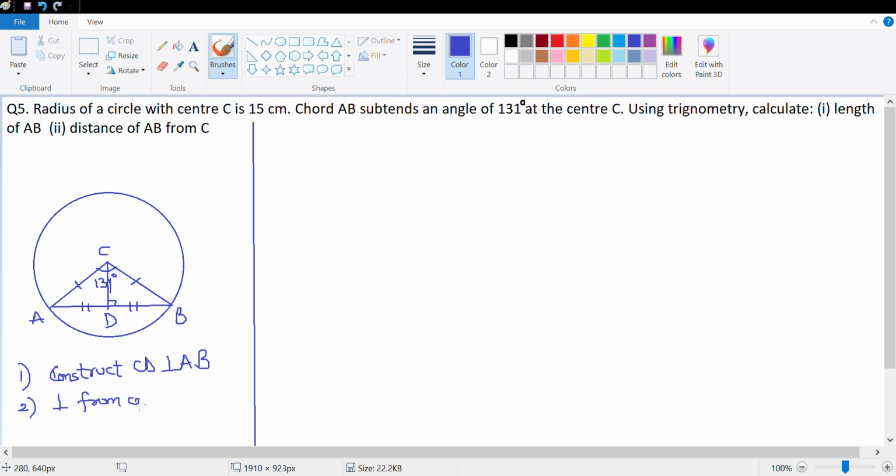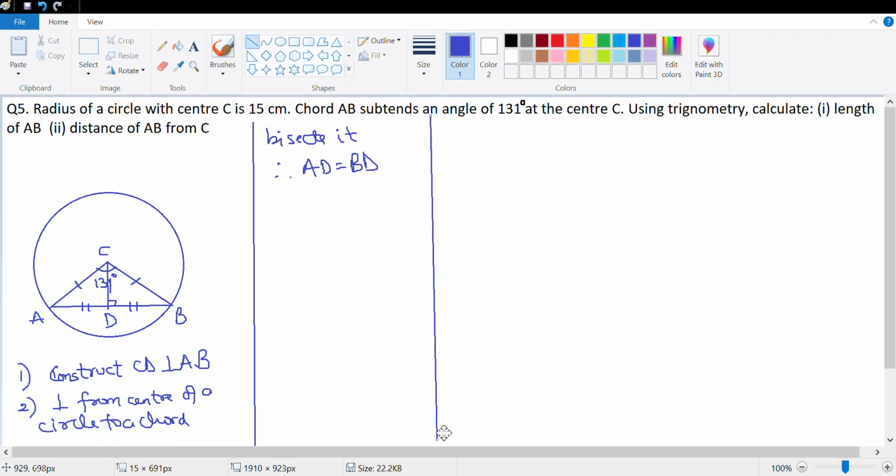Perpendicular from center of a circle to a chord bisects it. Therefore, AD is equal to BD. Done.